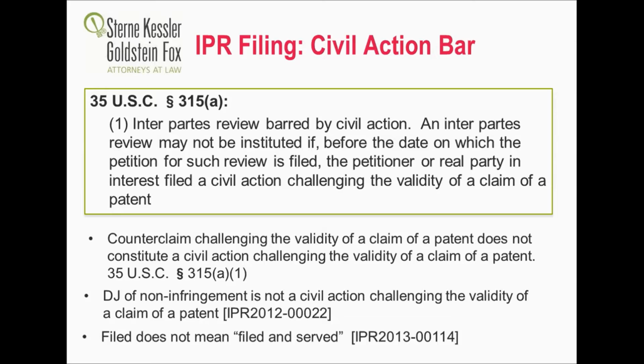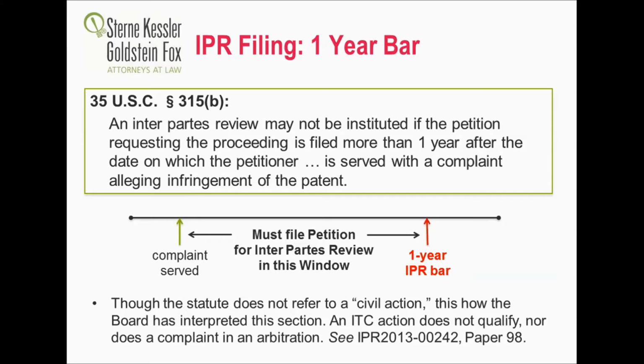If the first complaint, however, is dismissed without prejudice pursuant to a consolidation, so if the underlying civil action gets consolidated with another civil action, that will trigger the one-year bar date. And similarly, a first complaint, if it is dismissed with prejudice, that also triggers the statutory bar date. So the key is to look at how the complaint is dismissed to figure out whether it triggers the bar date.